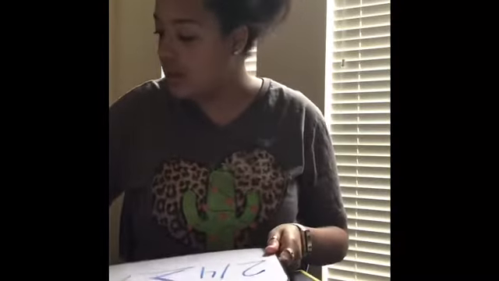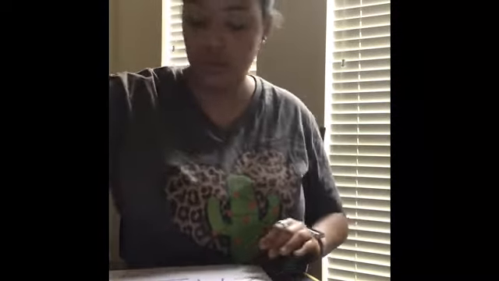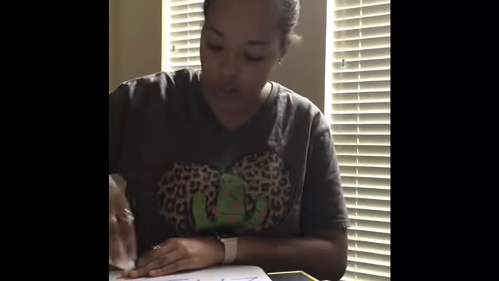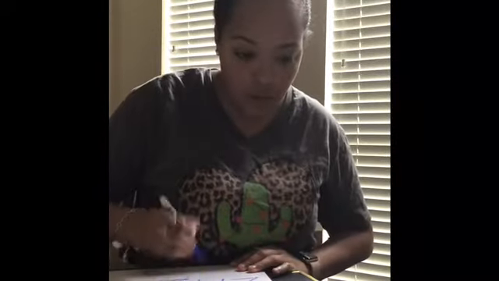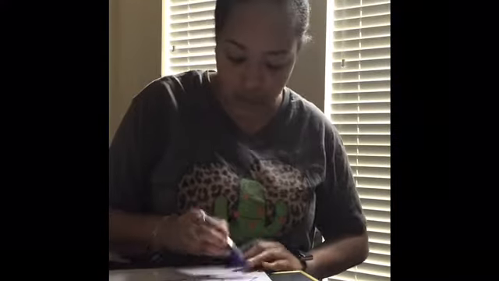Okay, 2/4 to 2/3. Let me write that on the board so you all can see. 2/4 to 2/3. The numerators are the same, so the top number is the same.